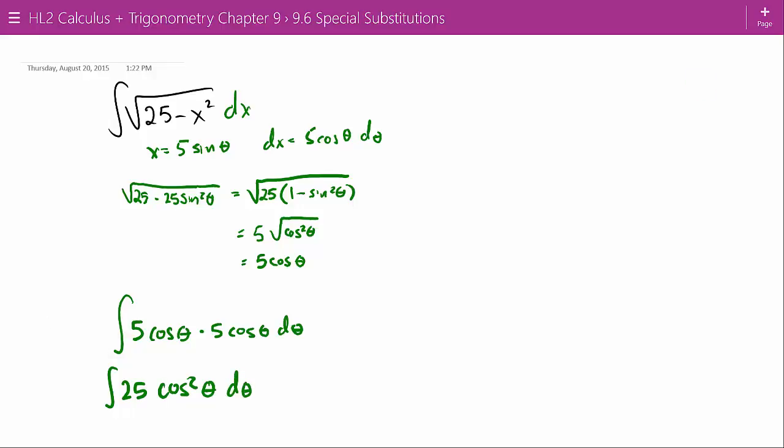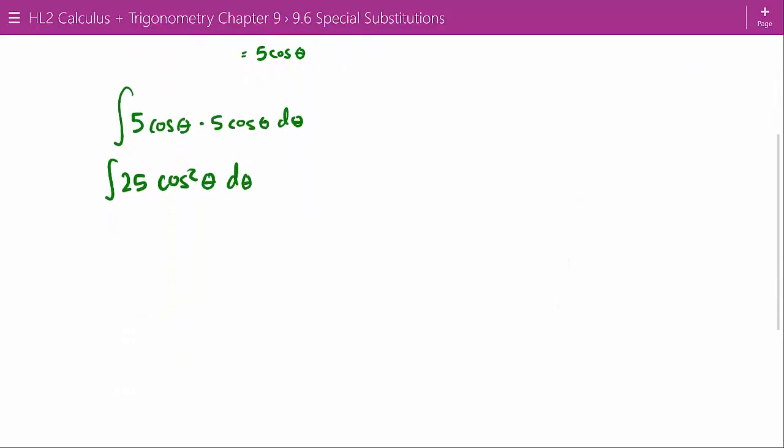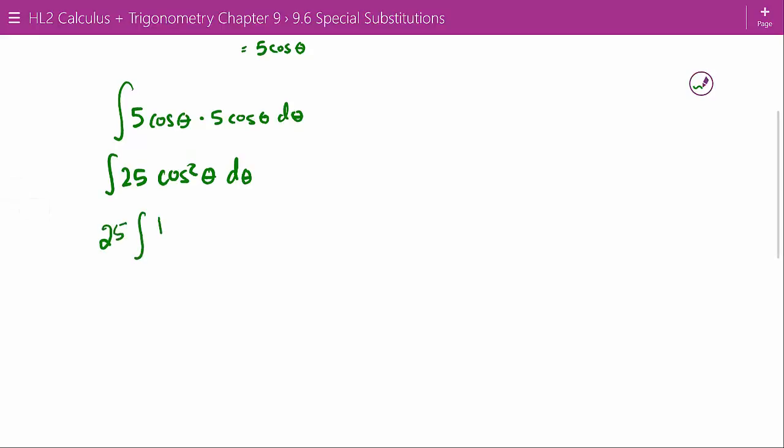And if we've been paying attention in the previous videos, we know how to deal with cosine squared theta when we're taking the antiderivative of it. We're going to use that double angle identity. We have 1 plus cosine 2 theta over 2. And these are things that we can take the antiderivative of.